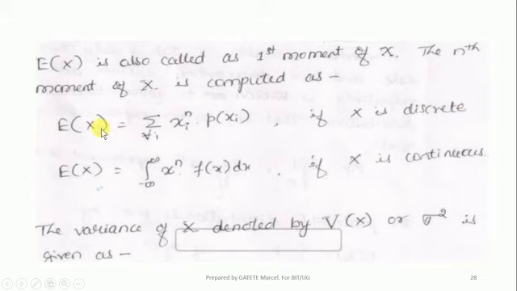So if we are having any number of occurrences of x, we can calculate the expectation using this formula here. But for a continuous variable, we are going to use the integral from the range minus infinity till plus infinity of x to the power n fx dx, this one.